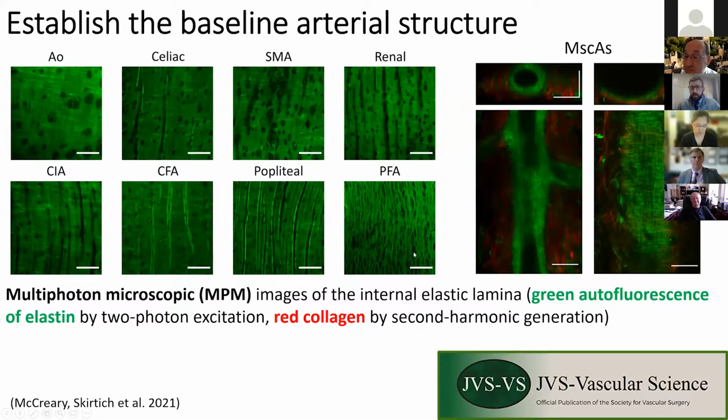But certain blood vessels, derivative branches like the profunda or these muscular arterioles, have a different morphology in the internal elastic lamina. And that is important, I think, because these tend to be the blood vessels where outward remodeling in arteriogenesis occurs most prominently.